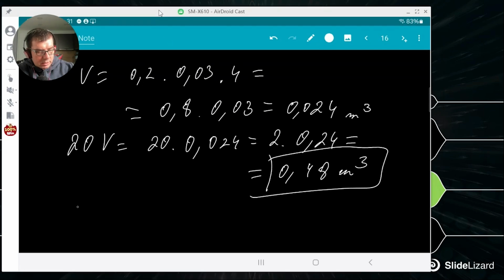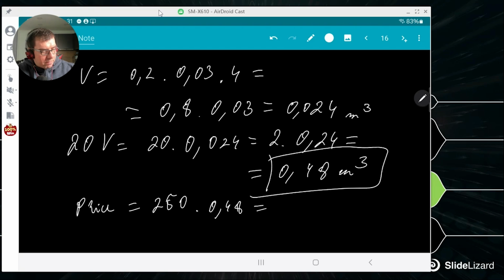So price equals price per unit times the amount. So $250 times 0.48 cubic meters. Multiply first by 10 and then by 25. 25 times 4.8. Now I'll use a trick here. 25 is actually 100 divided by 4.